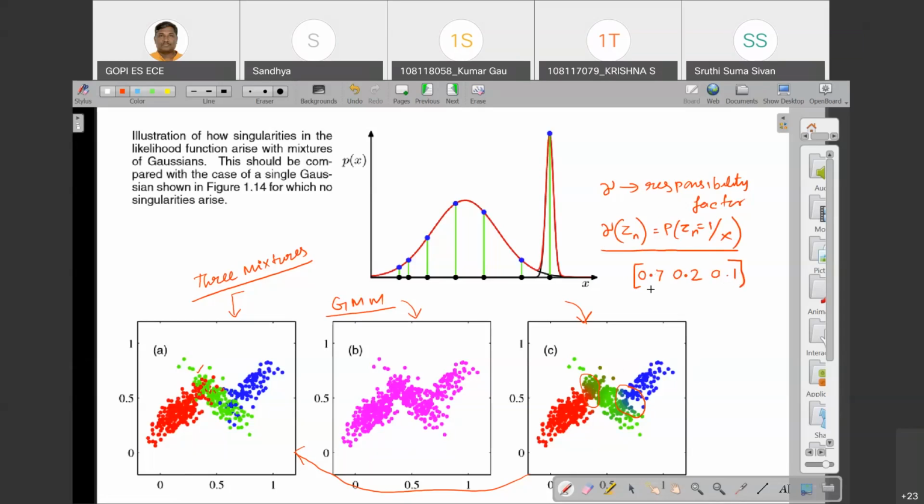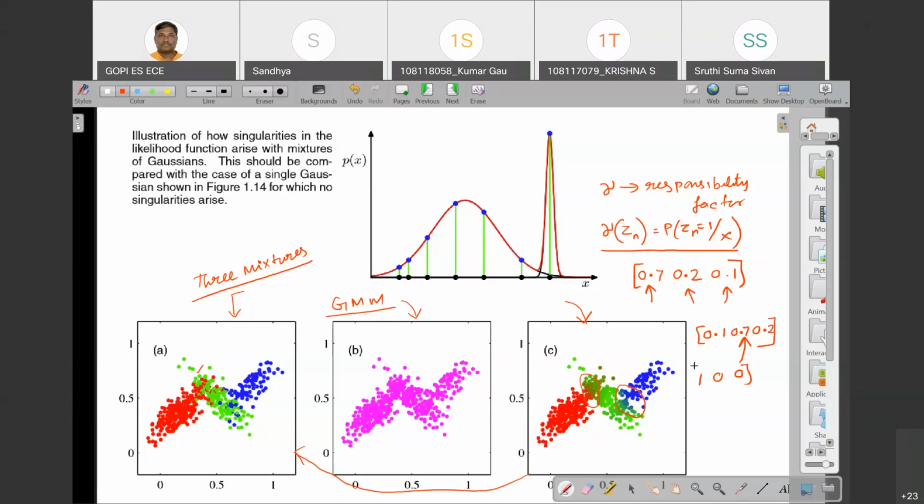It means that mixture model one is having more responsibility for generating that vector X, followed by mixture 2, and then followed by mixture 3. So you can even have the values like this, 0.1, 0.7, and then 0.2. So in this case, mixture model 2 is having more responsibility factor. So you can even have pure 100.